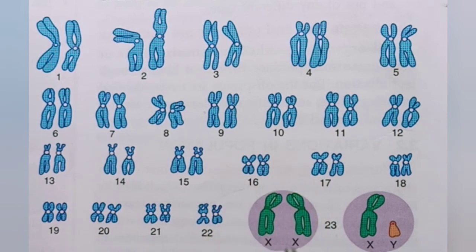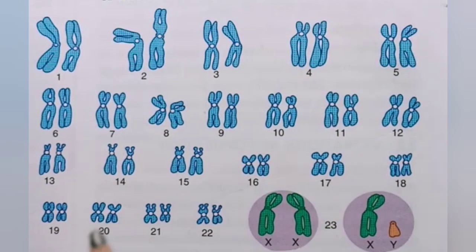But the last pair, the 23rd pair, which are known as the allosomes or the sex chromosomes, are represented by the letters X and Y. Now here we can see that the females have 2 X chromosomes and the males have 1 X and 1 Y chromosome. So XX determines the sex of the female, XY determines the sex of the male. The autosomes have no relation with the sex of the organism.